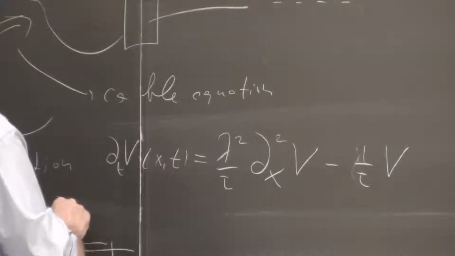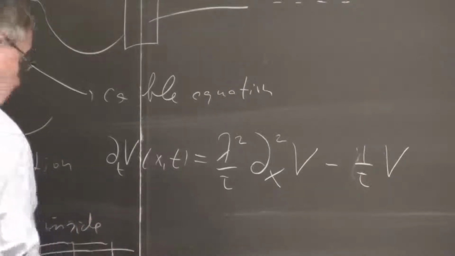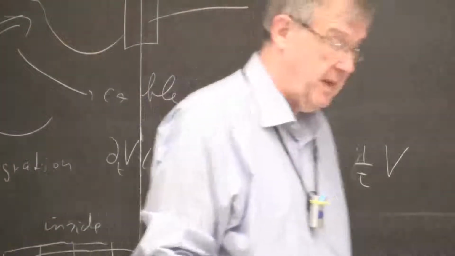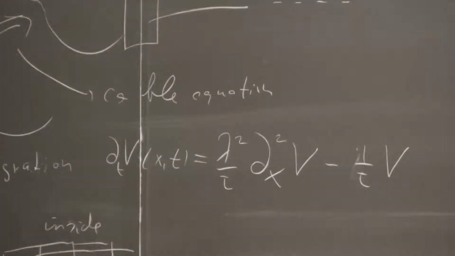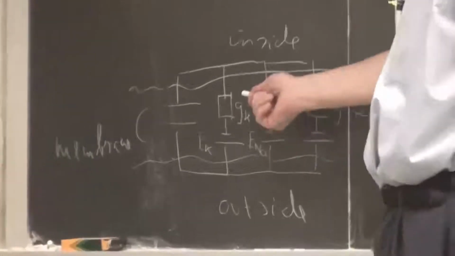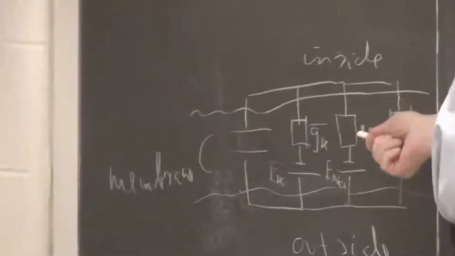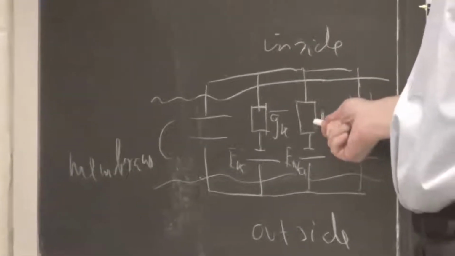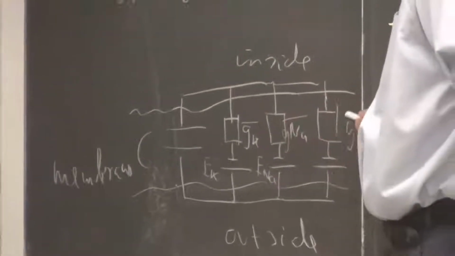So we have an inside and an outside of the neuron, and so we have in the membrane the conductivities that are fixed. So maybe I replace them by an average value, G, so an average value here and here.